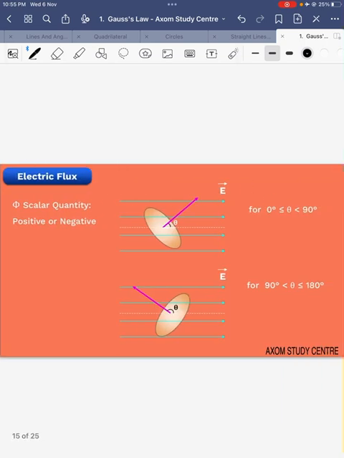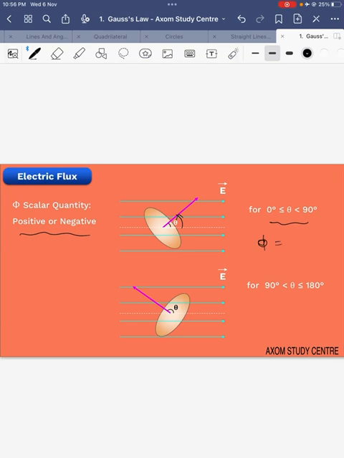Next, you can see the angle. Flux depends on the angle, as I have already mentioned, the magnitude, the angle, and the area. So is it positive or negative here? Here theta is between 0 and 90 degrees, around 45, and here theta is more than 90 degrees.